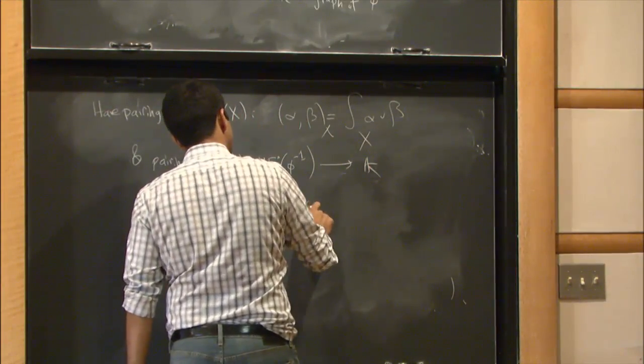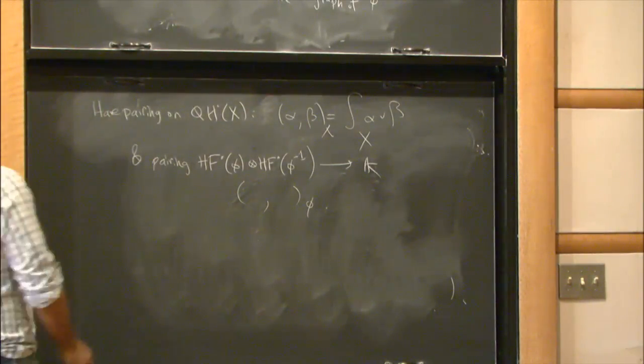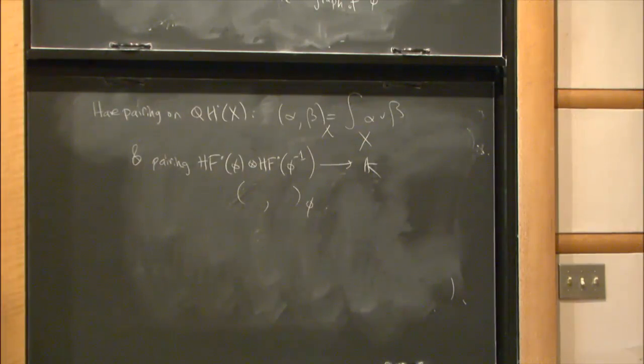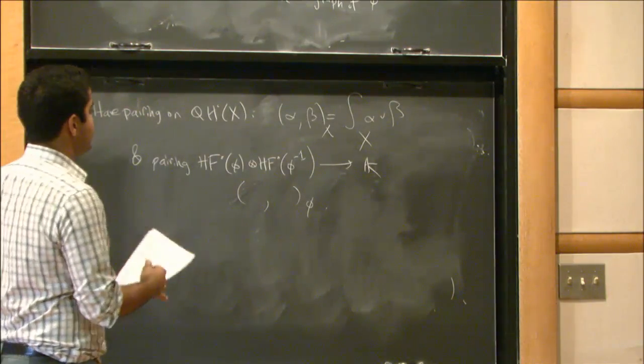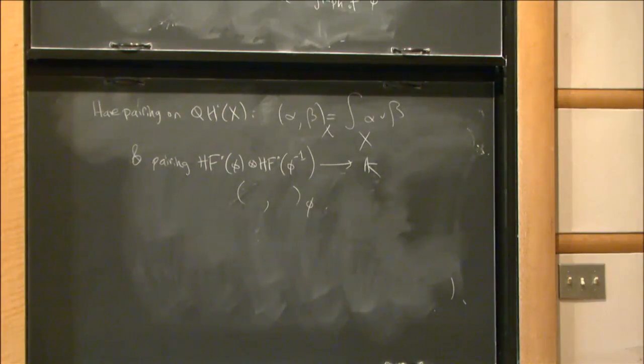I'll call that the phi-twisted pairing. All relations about automatic generation and computing open-closed maps boil down to the following relationship between this pairing and the Shklyarov pairings. That I think is the key point, and then you can play with the algebra and extract various consequences.